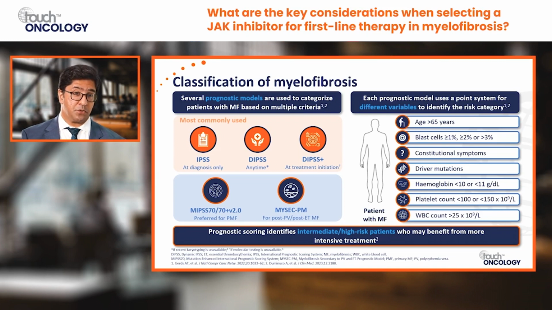The presence of constitutional symptoms, the presence of driver mutations or other mutations in the molecularly driven scoring systems, the presence of anemia, the presence of thrombocytopenia, principally in the DIPSS Plus, and an elevated white count of greater than 25,000. So we identify patients who are in low risk, intermediate, or high risk for disease progression.